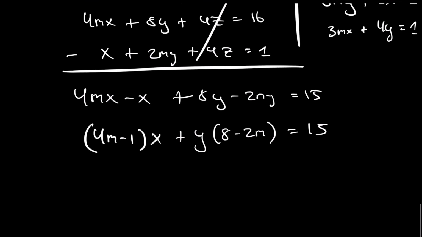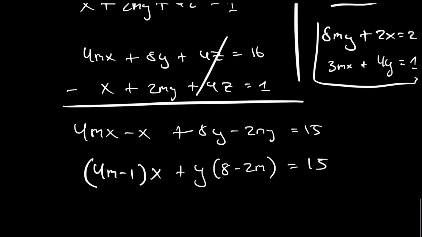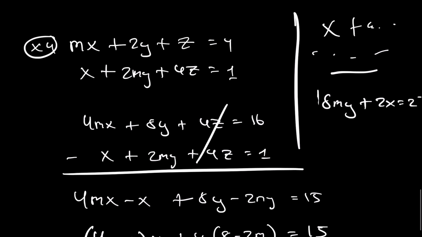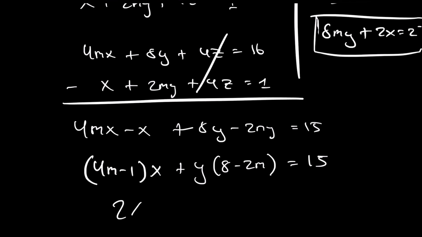So remember, if we're trying to solve, let's say here in this equation, sorry, it's just one equation. Remember, we're going to get at the end 1 equation only. We don't get 2. We get 1 because then we link these 2 together. So let's say now we have 2x plus 8my equals 2.